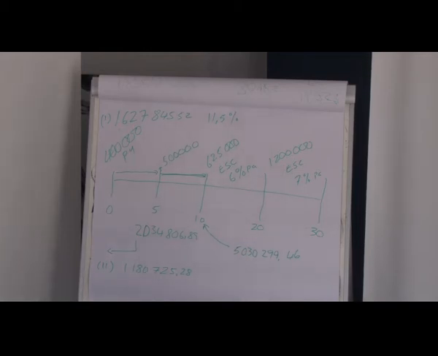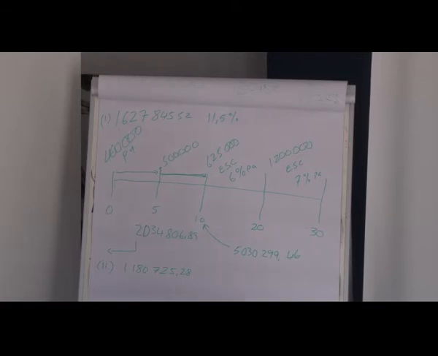So you take 5030,299.46, plus minus, future value, 10 years, shift in at 11.5% interest.